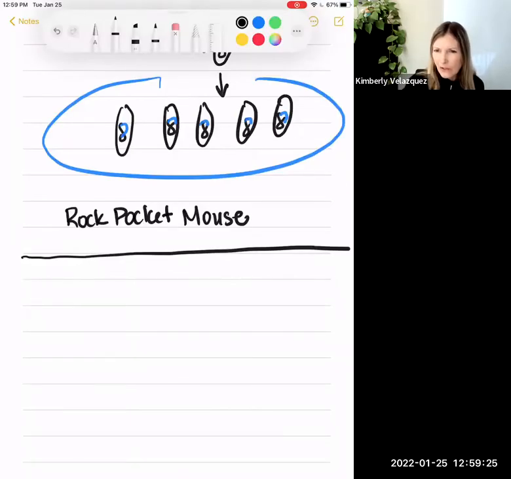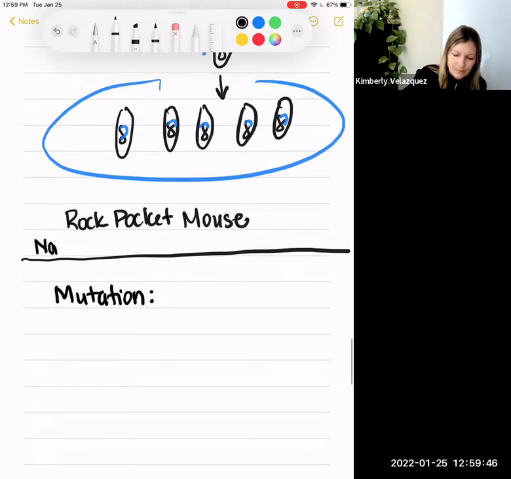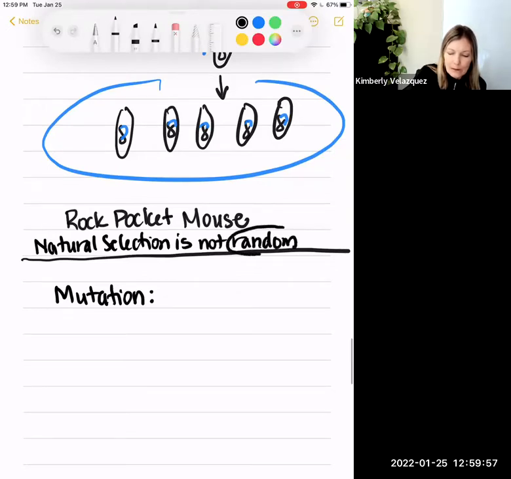In this discussion of natural selection, I've used the term mutation a few times. A couple of things that are really important to note here before I even define mutation for you. Natural selection is not random. Random would mean that it wasn't moving in one direction or the other.